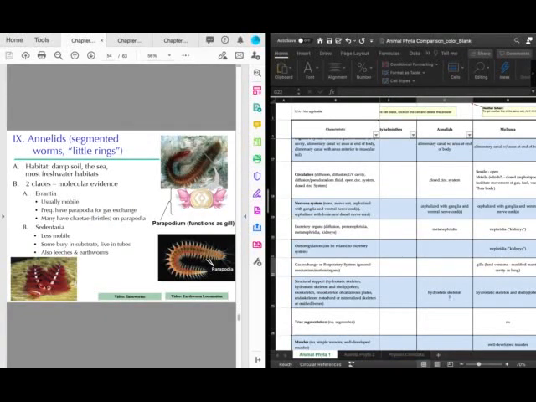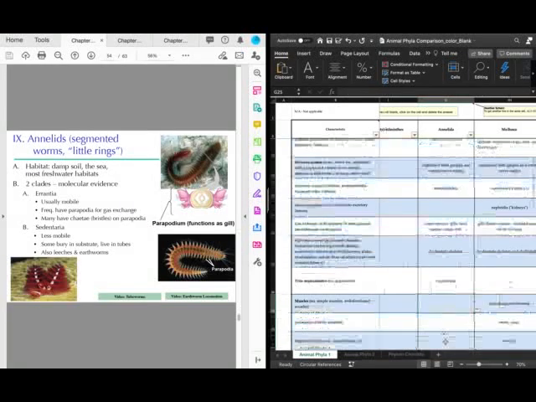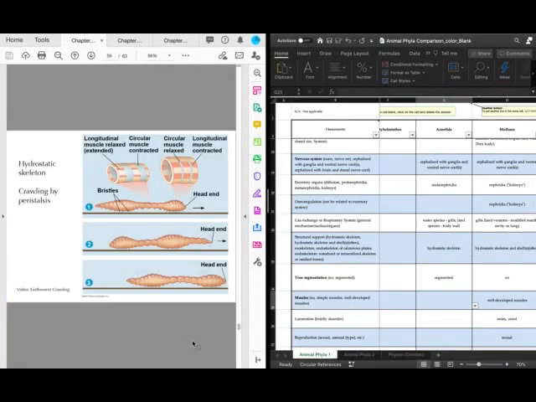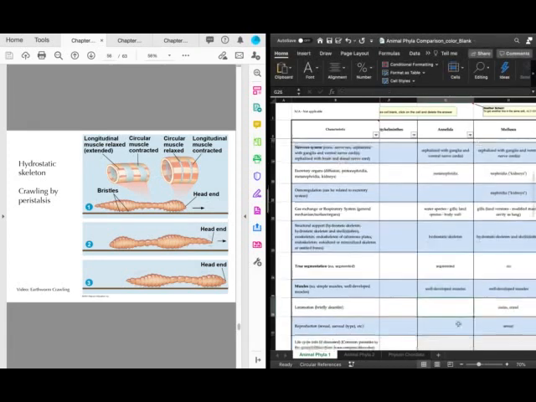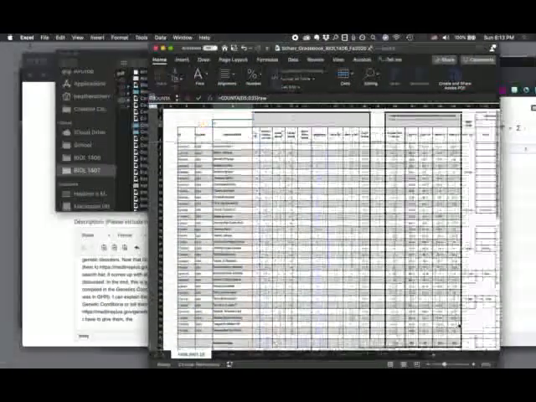So let's say water species or aquatic, whatever water species, probably gills, land species, body wall. Yeah. Segmented, yes, that's one of our points. Muscles, we saw that with the crawly guy. They have well-developed muscles. Well-developed locomotion, crawling.